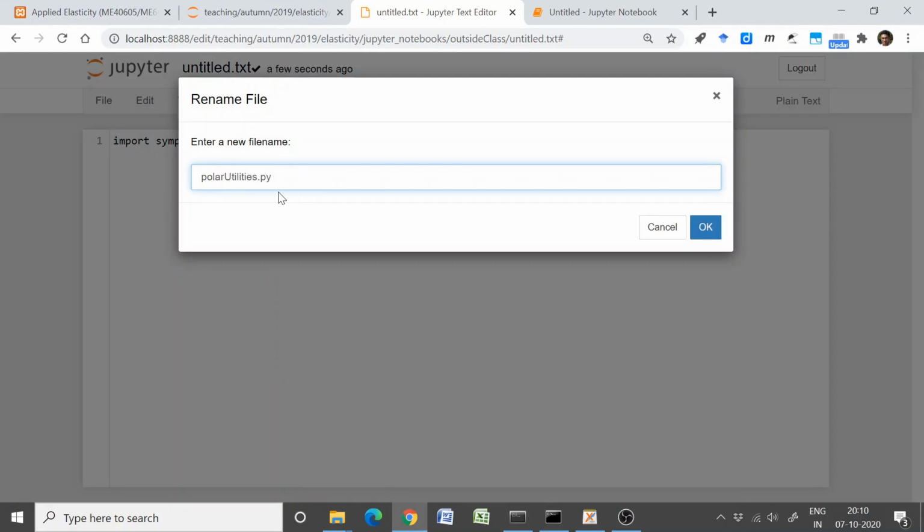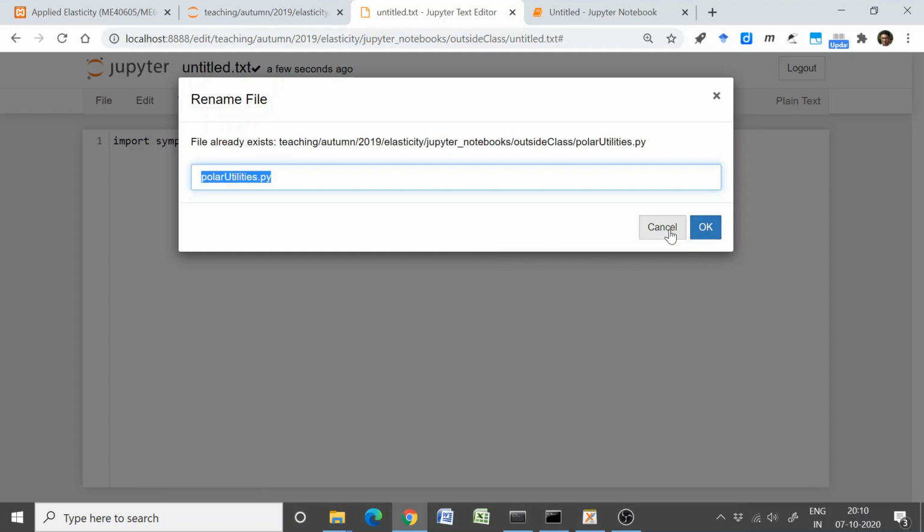So this .py extension makes the system understand that it is a Python file, not a Jupyter Notebook or an IPython notebook file. Rather, it's a simple Python file. Okay.